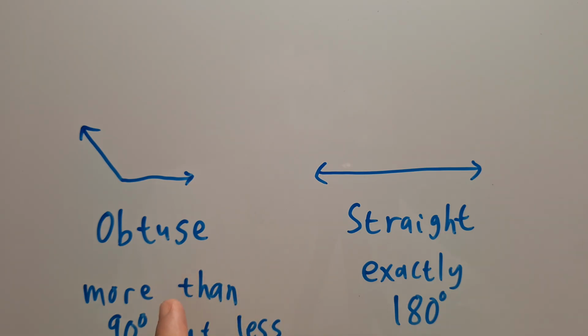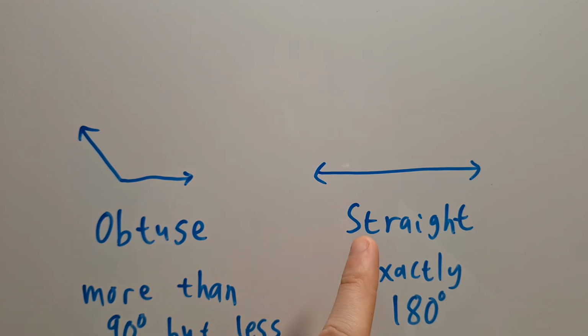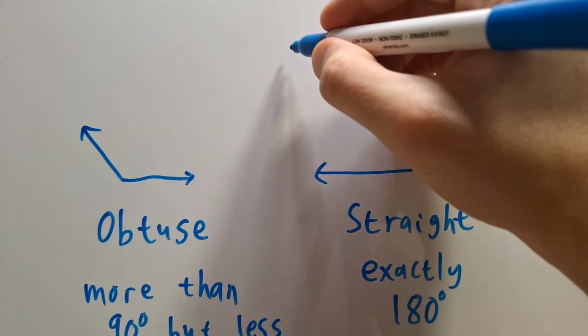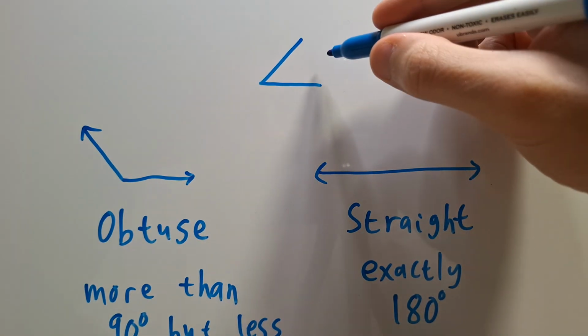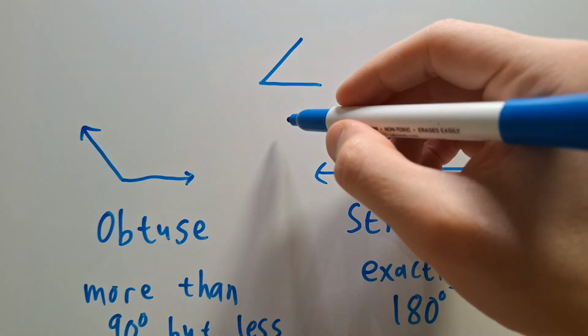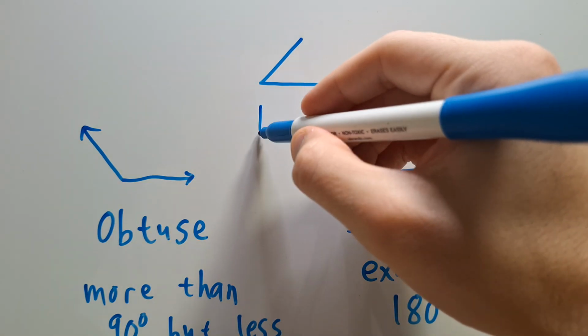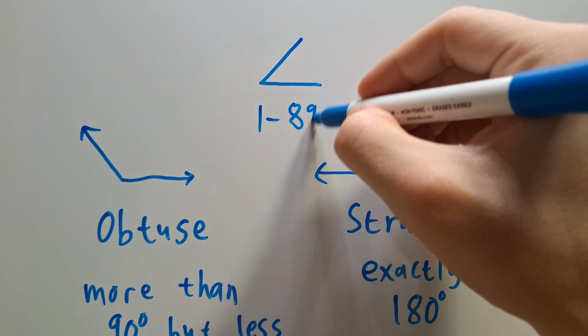So remember, an obtuse angle measures more than 90 degrees but less than 180. A straight angle measures exactly 180 degrees. And remember, the acute angle, as such, is anywhere between 1 and 89 degrees.